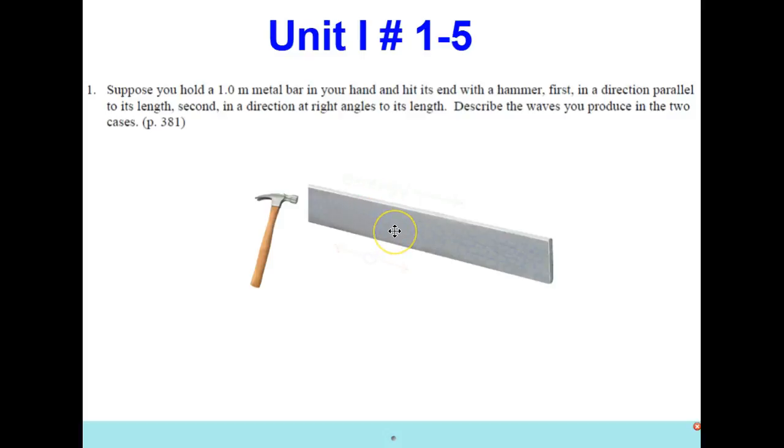And to begin the discussion, we have to remember that the metal is made up of a whole bunch of atoms and molecules. And when we go ahead and strike the metal bar in a direction parallel to its length, we'd be hitting it this direction as shown.